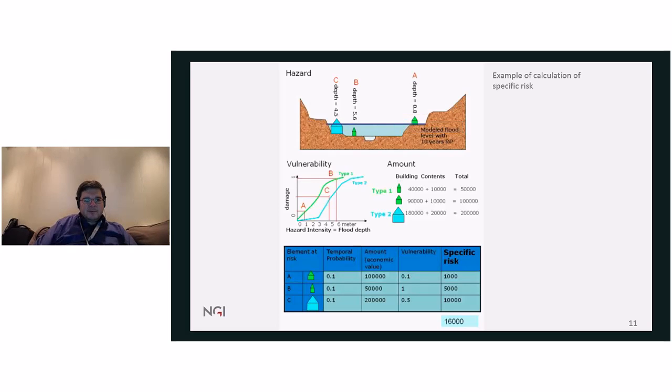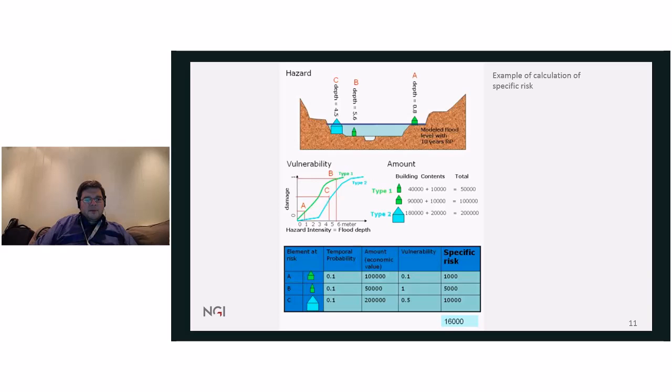So this horizontal axis is presenting a hazard intensity parameter, which in the case of flooding is well represented by flood depth. And in the vertical axis, we have the percentage of damage for different types of constructions. For example, here we have two types of construction, type 1 and type 2.